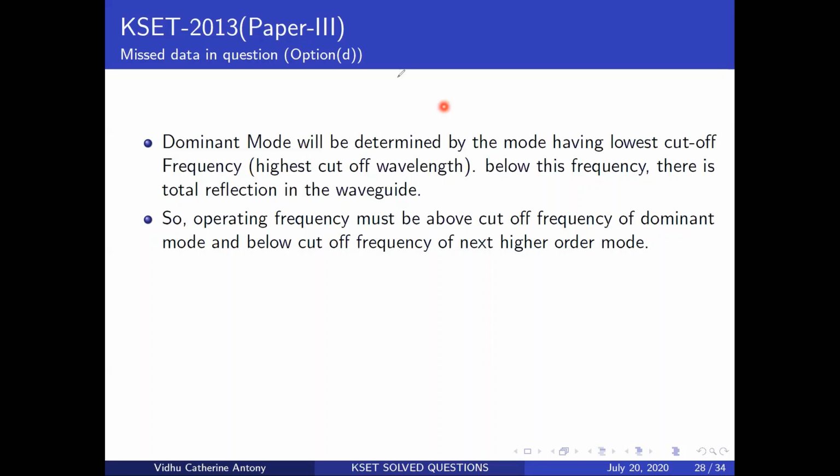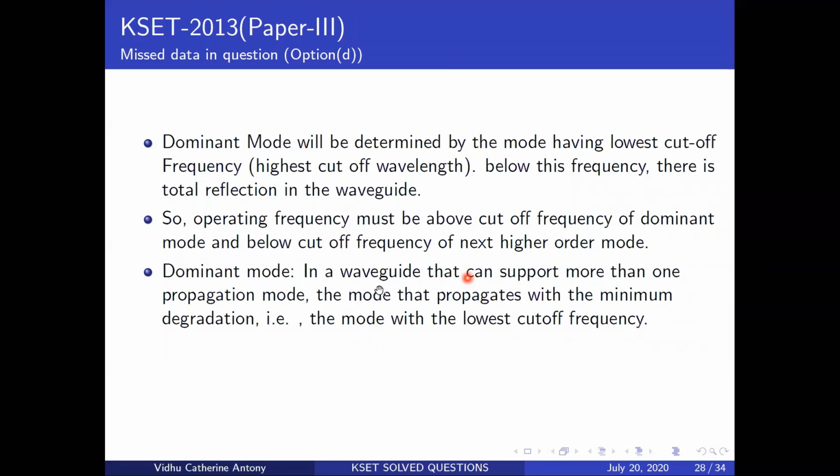So what do you have here? Basically, if this is your dominant mode, and let's say you have the next order higher mode, the frequency should lie in this region. Then only will your waveguide work, otherwise it won't work. Now let's look at this.